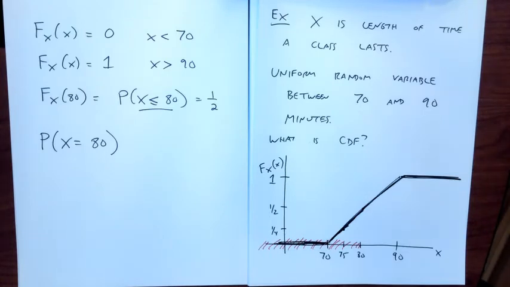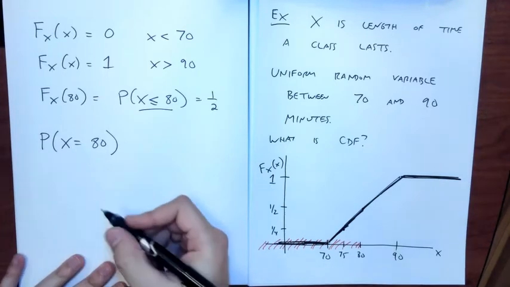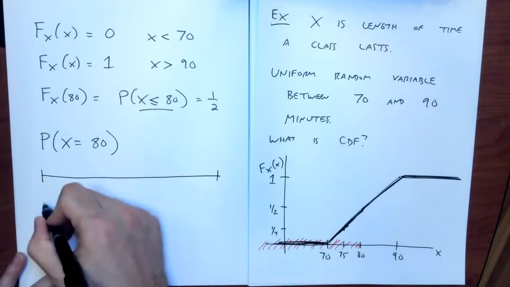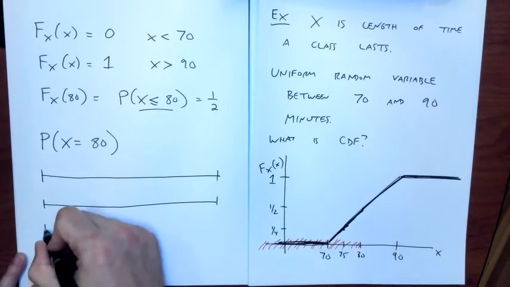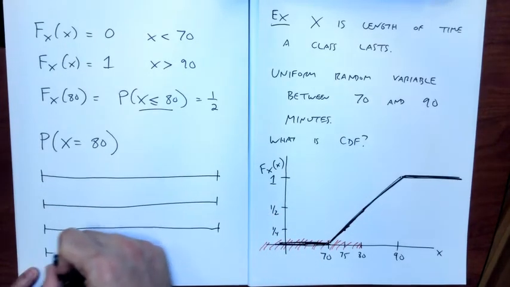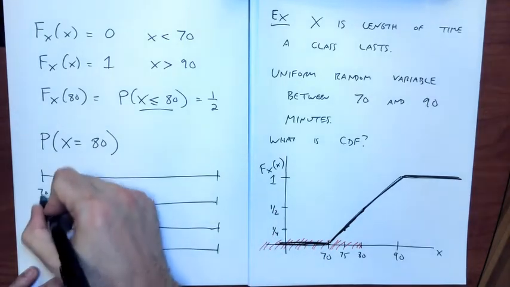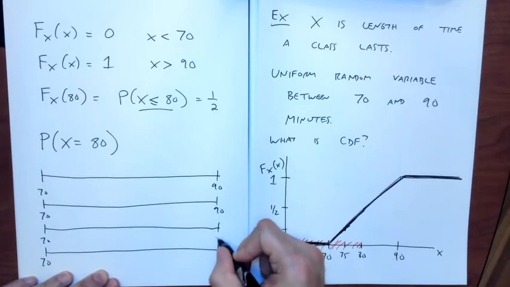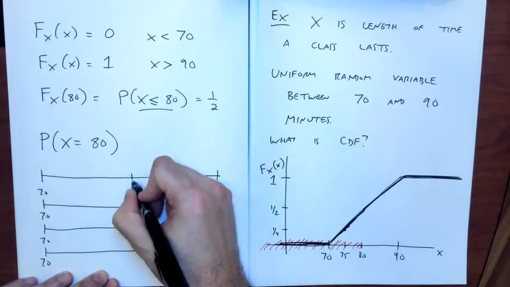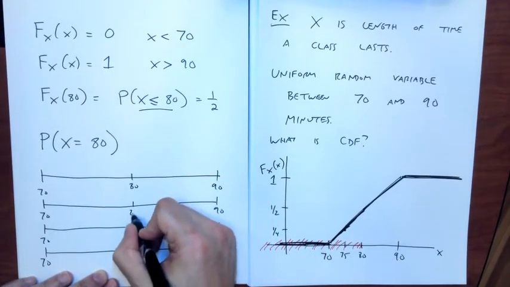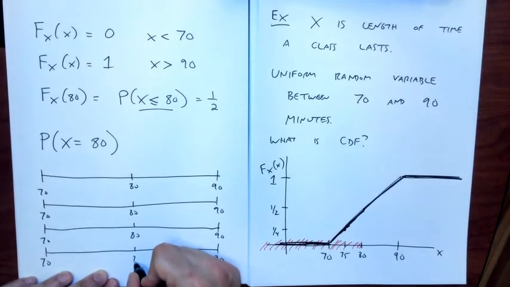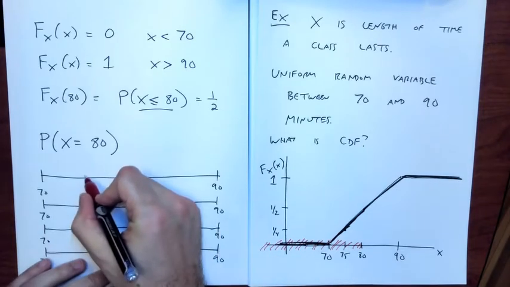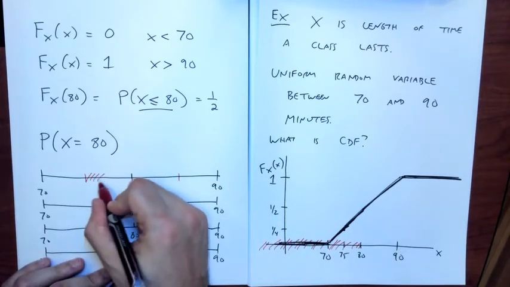But let's think about it this way. If I phrase it a slightly different way, let's look at some intervals that contain 80. If this is my interval from 70 to 90, and here let me draw 80 in the middle, I could ask, what's the probability that I'm in this interval here?